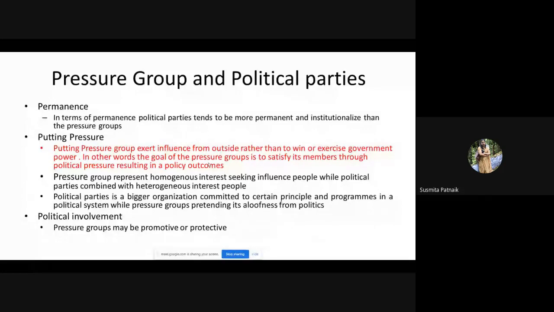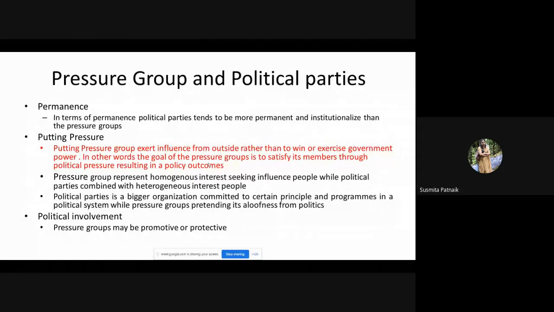Then in the second category, what is the basic difference while putting pressure? In the case of putting pressure, pressure groups exert pressure upon the government to influence policy towards themselves. In other words, the goal of pressure groups is to satisfy their members through political pressure resulting in policy outcomes.